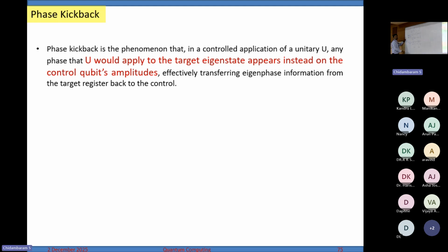Now when I apply the CZ gate, we know the basis states 00, 01, 10, 11.